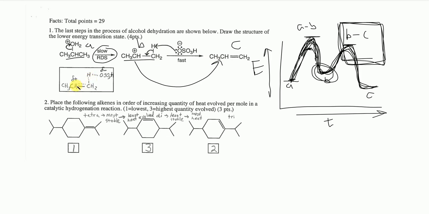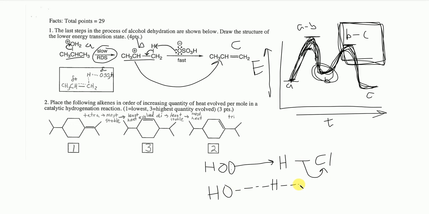So when we draw bonds breaking and forming, for example, if I have HCl and I had OH, and I had this coming over here, I would depict this whole thing essentially like this. I would draw to the hydrogen, and then I would draw to the Cl. So this depicts bond breaking and bond forming, and that's what we're going to do.